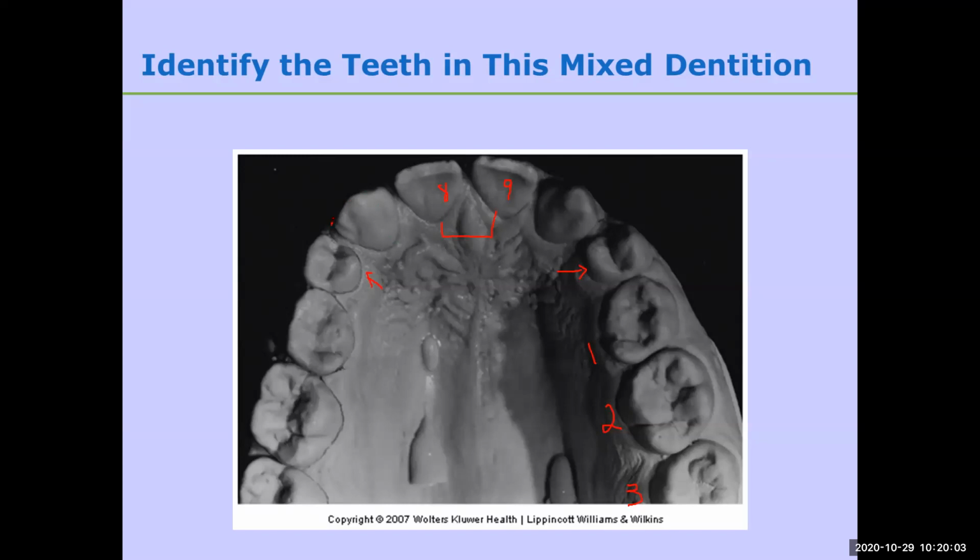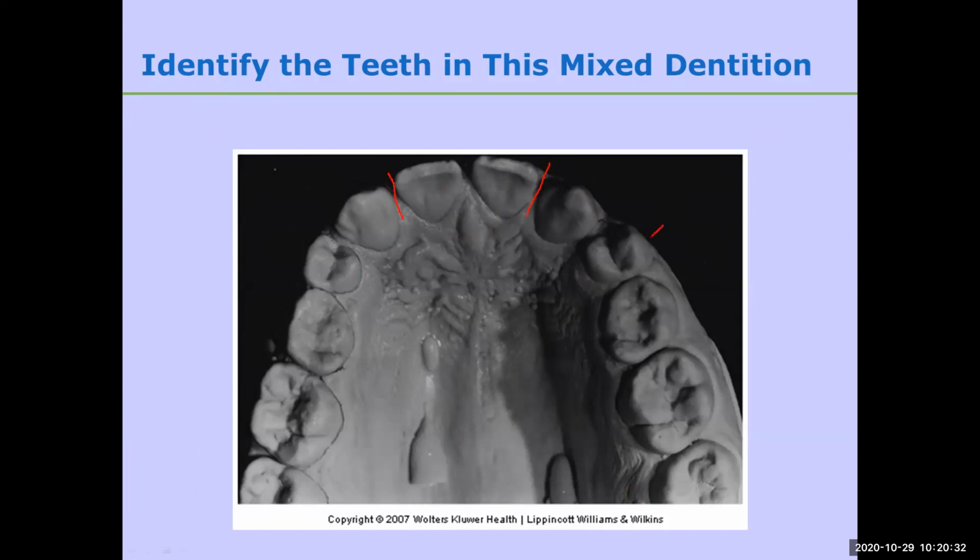What tooth is this one? What are these? Canines. What do they look like? They look like canines, and that's exactly what they are. Guess what, folks? Where are the laterals? We don't know. So we've got a canine.